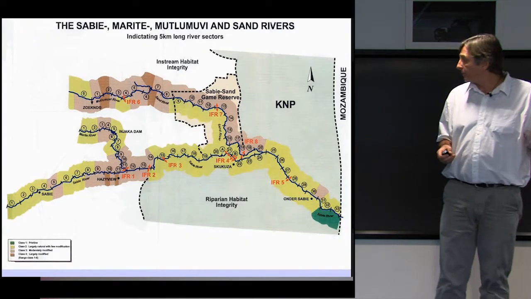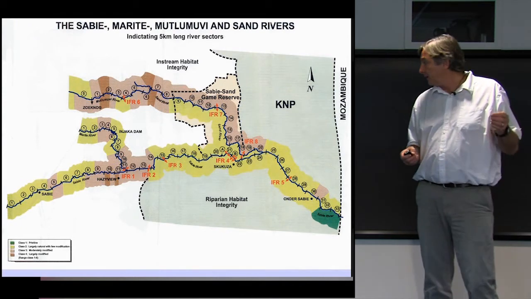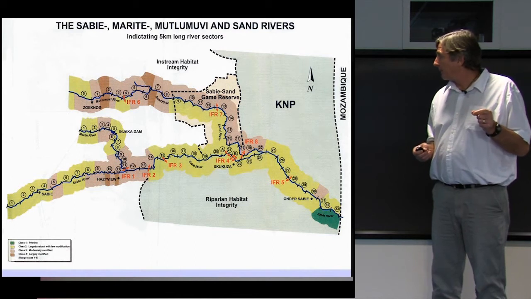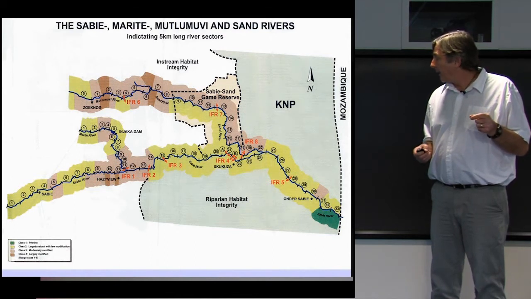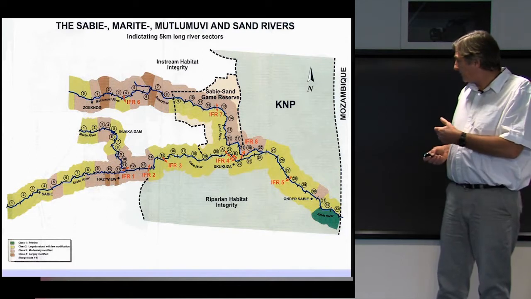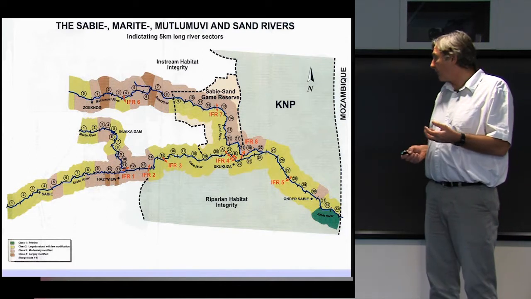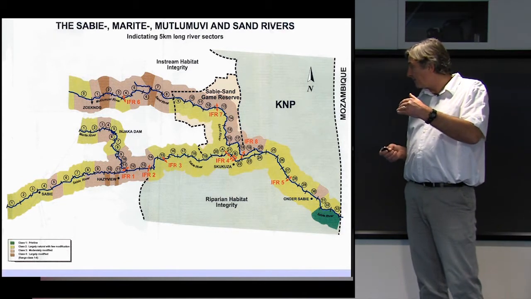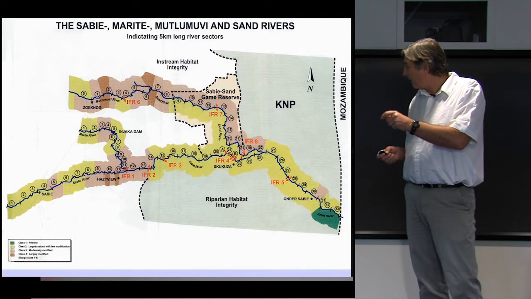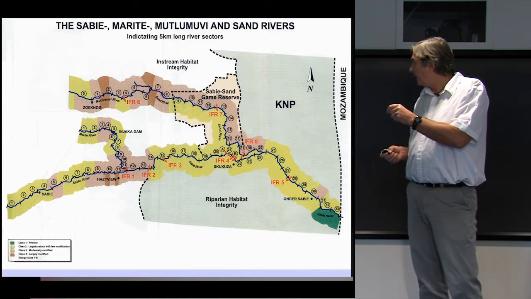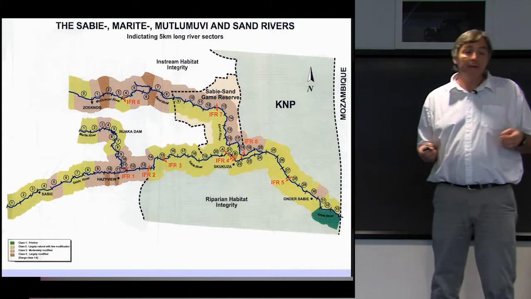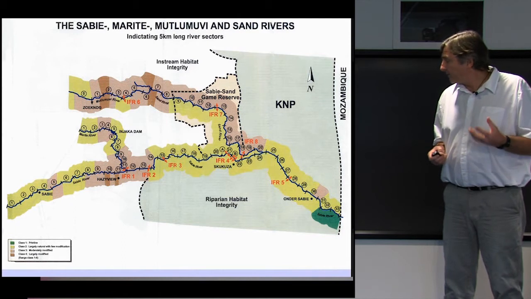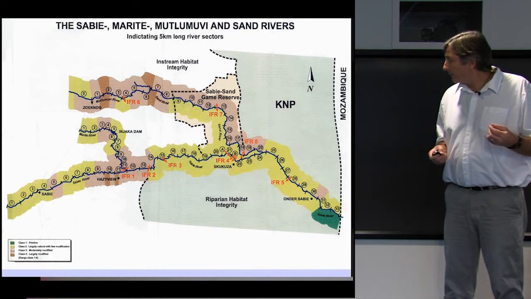Often done, as this one was, through a helicopter video survey, in this case with the Sabi River, looking at 5-kilometre river sectors, where the dark green section next to the Mozambique border is natural riparian habitat integrity, the riparian habitat being the colours below the river channels, and the in-stream habitat integrity being the colours above the river channel. So the greener it is, the more natural, and the browner it is, the more degraded.